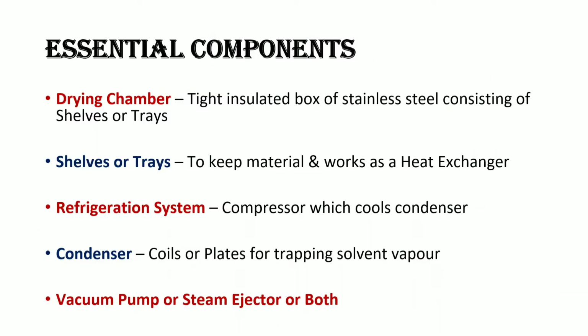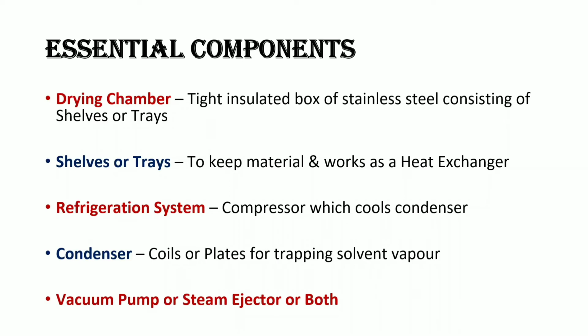Now let's see some of the essential components of this freeze dryer. First one is a drying chamber. This drying chamber is a tightly insulated box made up of stainless steel, which also contains different shelves or trays. These shelves or trays are helpful to keep the material which we want to get dried. It also works as a heat exchanger.